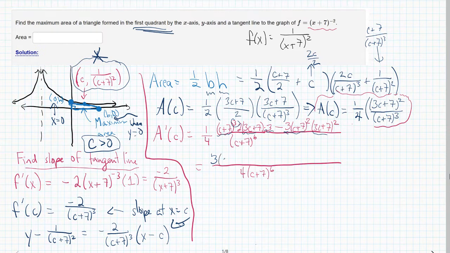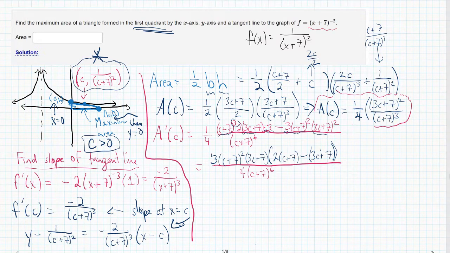So we could pull out the (c plus 7) squared and the (3c plus 7). And then what are we left with? Well, we're left with a 2 times (c plus 7) in the first case, minus, let me put it in parentheses, (3c plus 7), sitting in that last case.